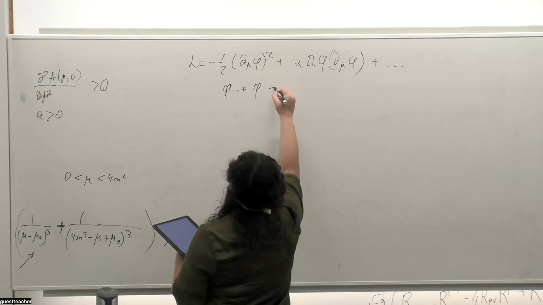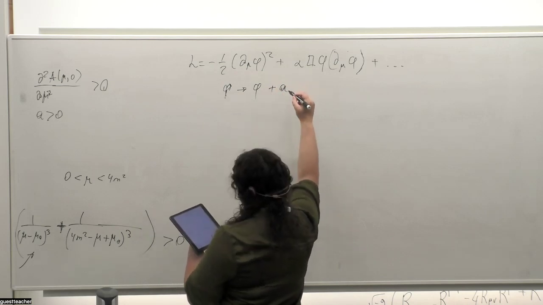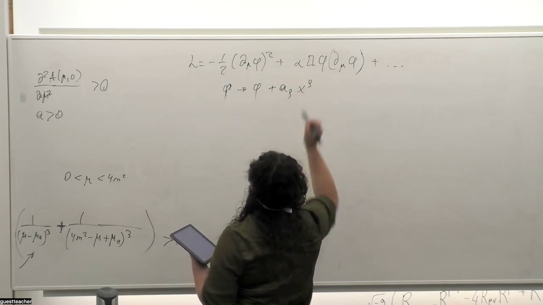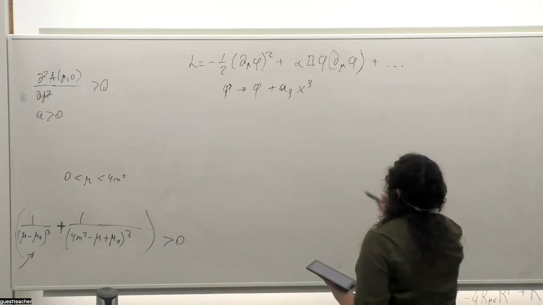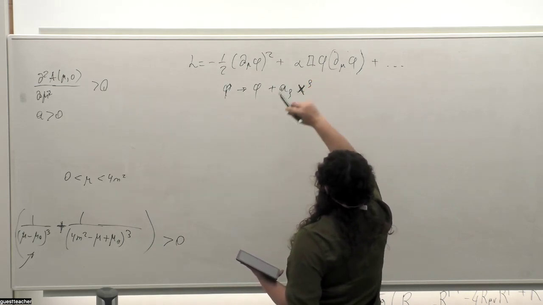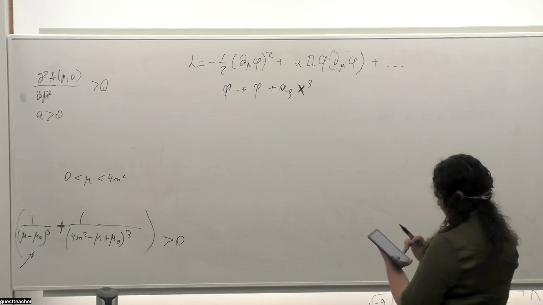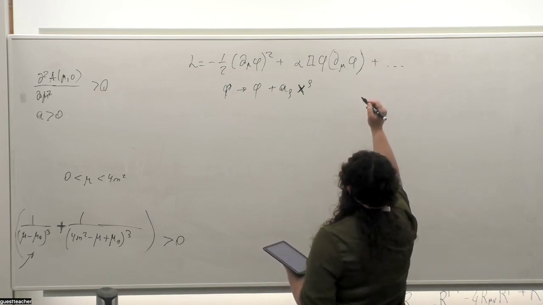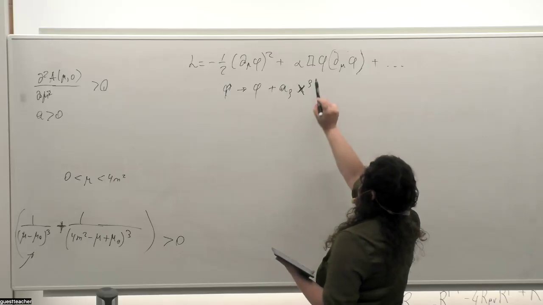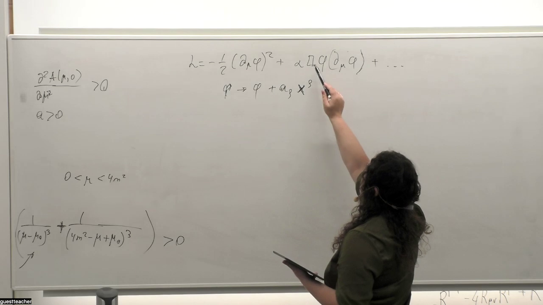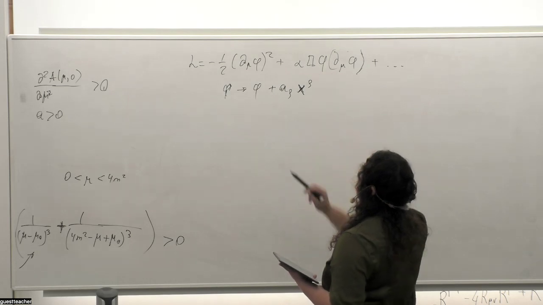phi plus some space-dependent factor, a_mu x^mu, where x is the space-time coordinate. So this Lagrangian has these properties, and it's easy to show because if we act twice, with two derivatives, acting by box, of course, this box phi is invariant.